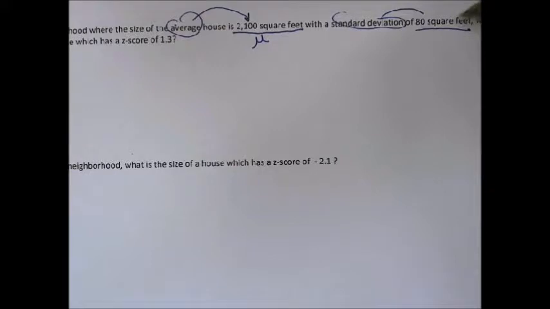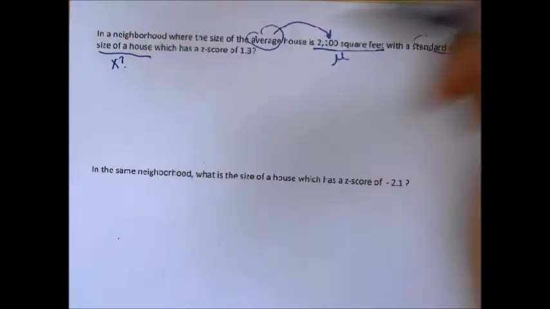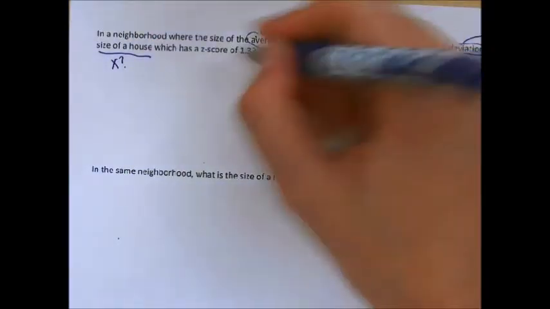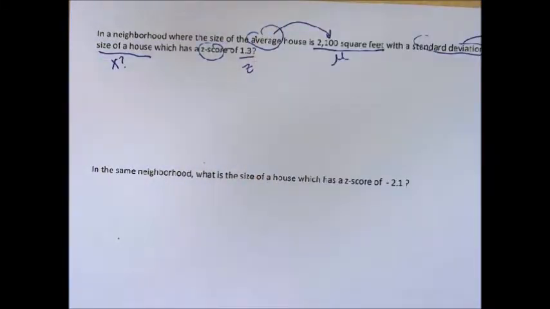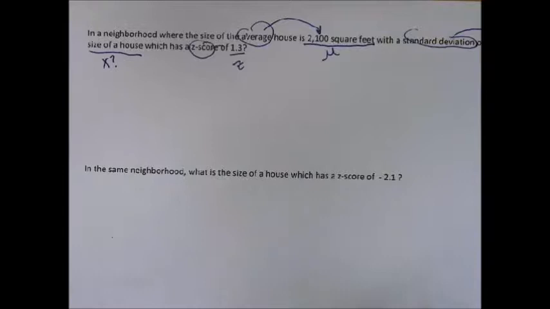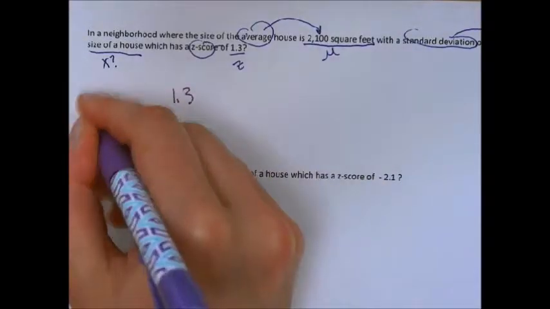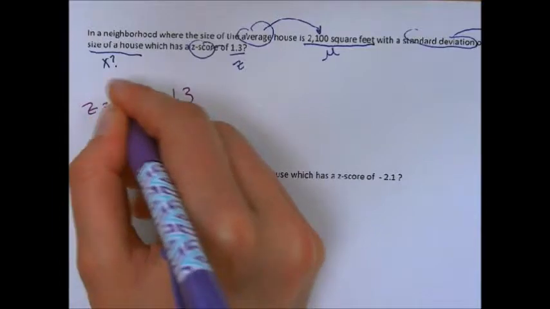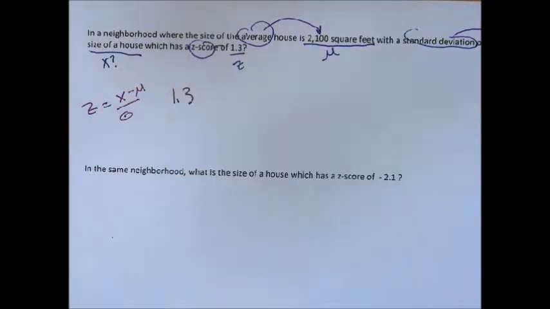Our standard deviation is 80. We're trying to find our x with a z-score of 1.3. Let's plug this all into our formula. Remember, our formula is z equals x minus mu divided by sigma.